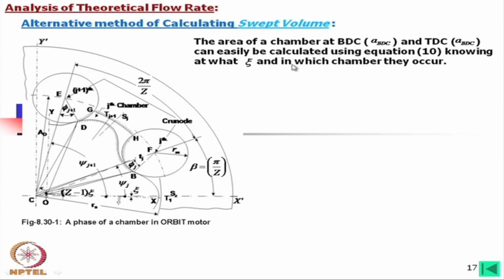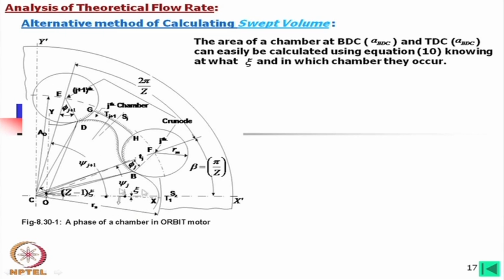Now, the alternative method of calculating swept volume, this is just to calculate the swept volume. What we can do is calculate the area of the chambers at BDC and TDC, which I have earlier explained.